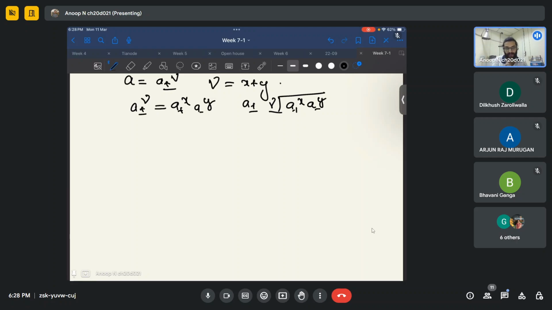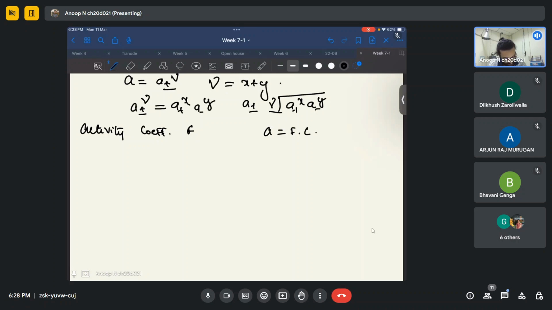Now let's introduce the term of activity coefficient, which is given by f. So similar terms, f plus, f minus, then f plus minus and f. As we all know, activity is nothing but activity coefficient into concentration.